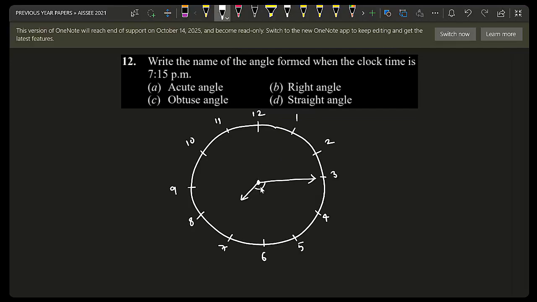You can clearly see that this angle is more than a right angle and less than a straight angle, so it is an obtuse angle. A right angle looks like this L shape. A straight angle looks like this. So it is called an obtuse angle. Option C.